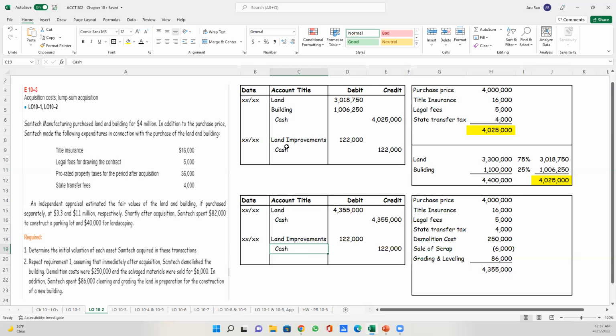That journal entry stays the same as before. It's this one over here. If you notice over here, land in the first case was $3,018,750. Here land is $4,355,000 and there is no building. In fact, we're going to construct a new building and that's going to add to our cost of what we're spending over here on the long-term assets. So once again, here we are looking at the acquisition cost of land and building in a lump sum purchase.